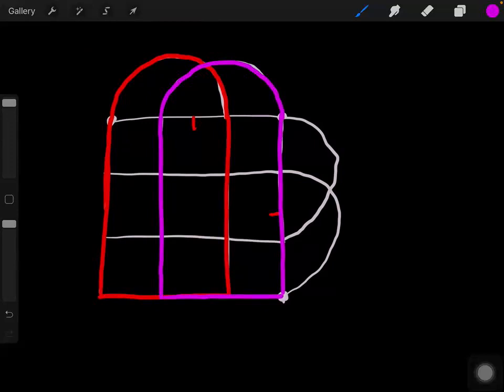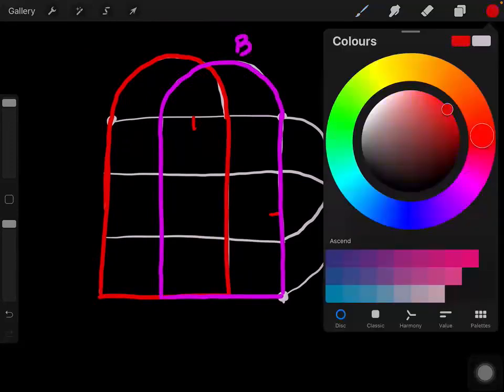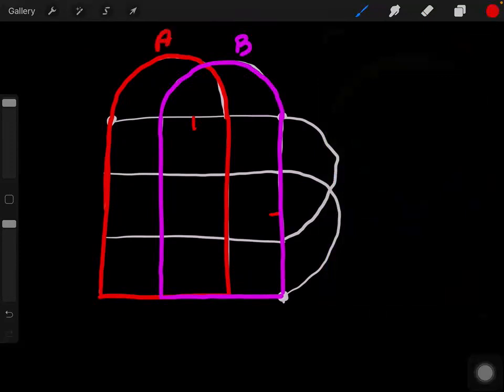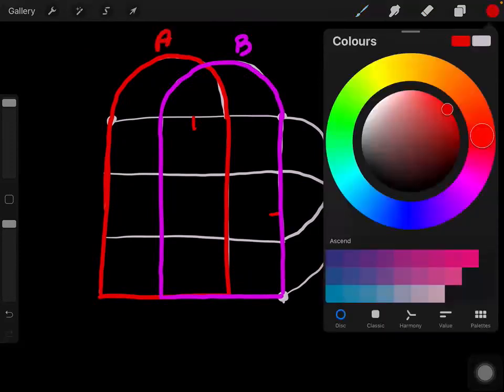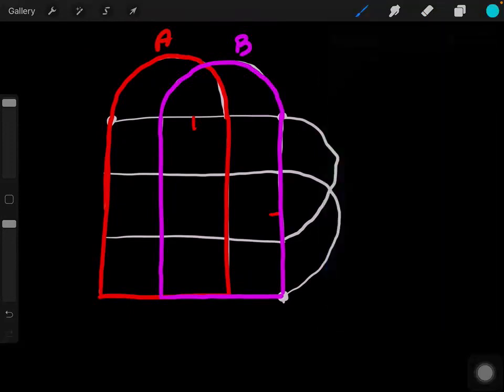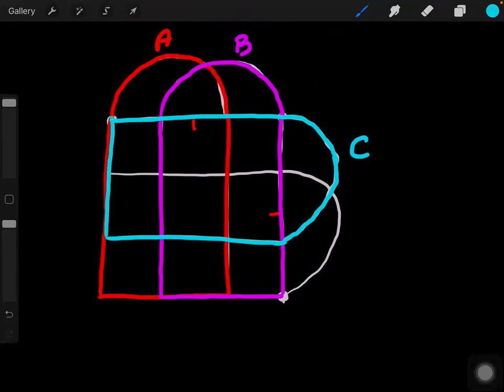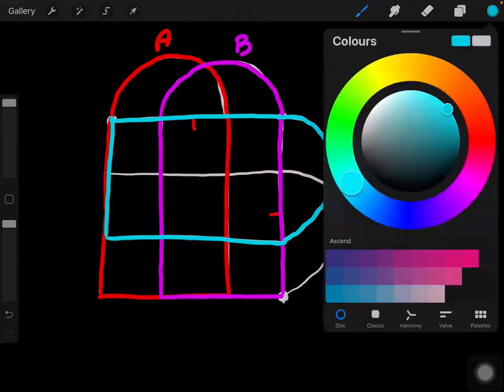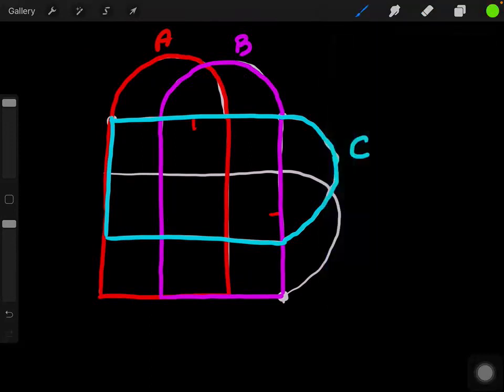This is B. This is A. Now set C is going to be the same thing, but tilted towards the right. Trace over the edges of the curve and include the sides. There we go. And finally, my set D is going to be the remaining one.